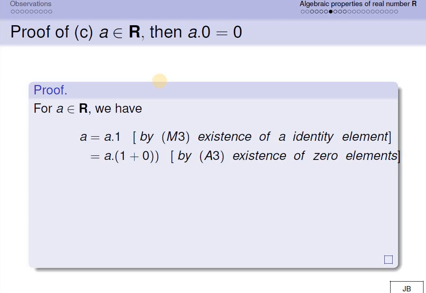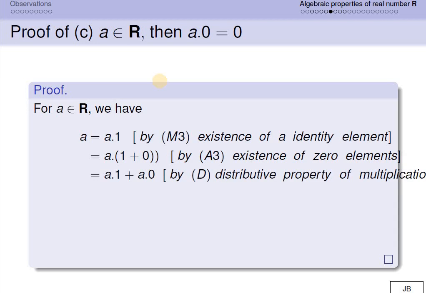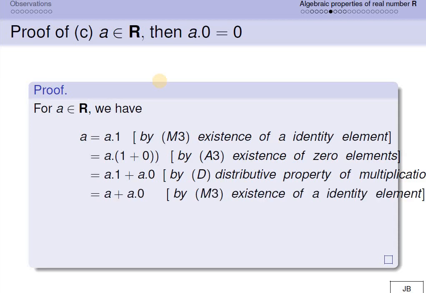This is the existence of 0 element. Now you can use the distributive property to get a into 1 plus a into 0. This is the distributive property of multiplication over addition. Next, a dot 1 is equal to a by existence of identity element. Now you have a equal to a plus a dot 0.